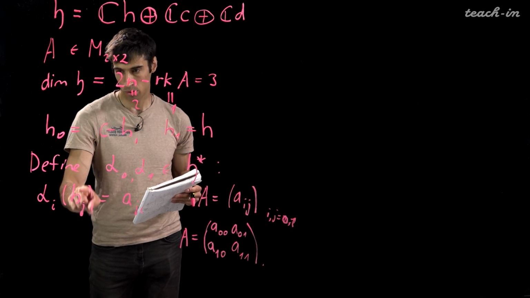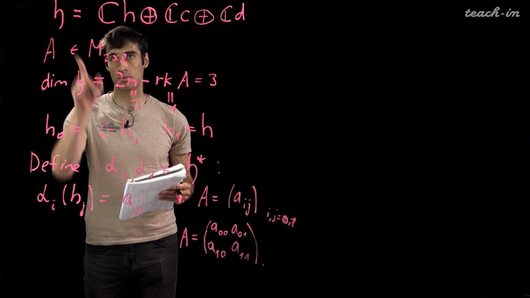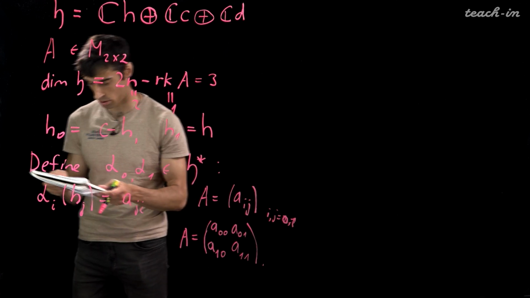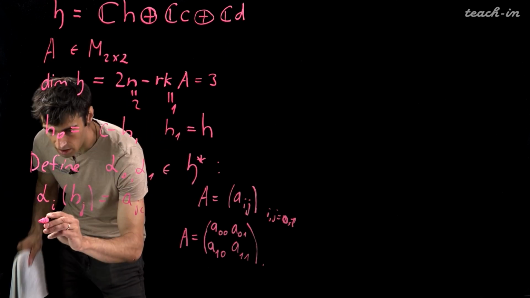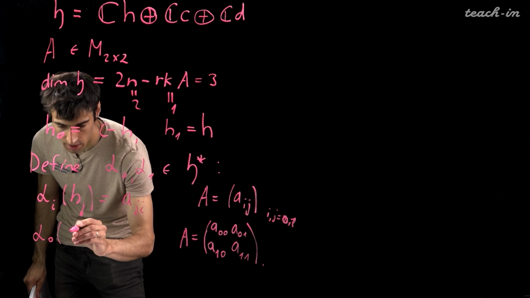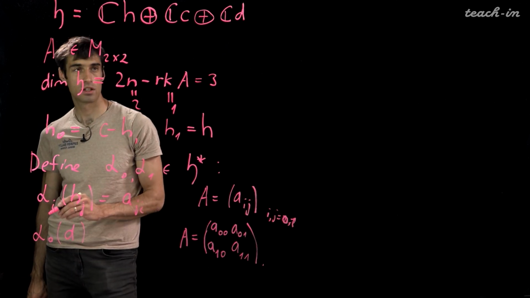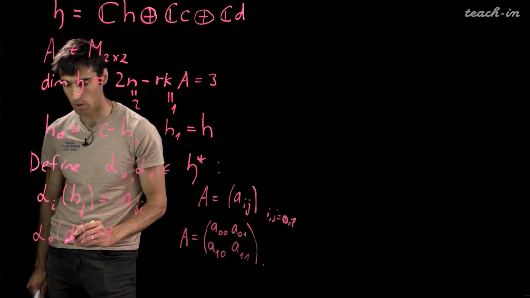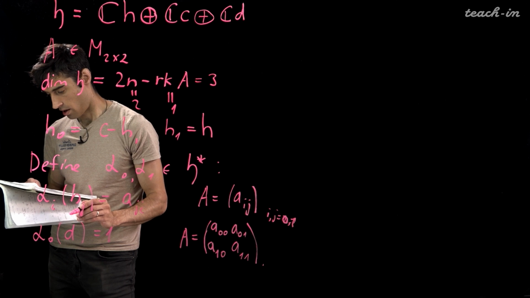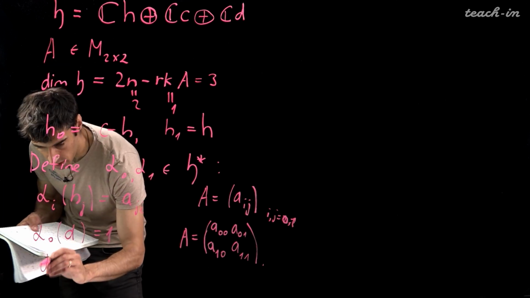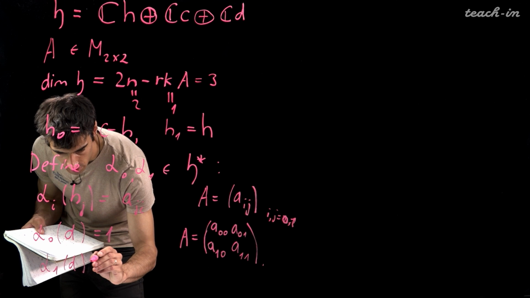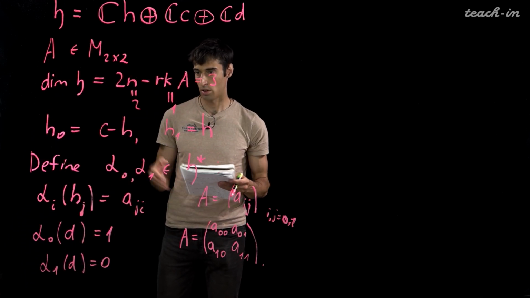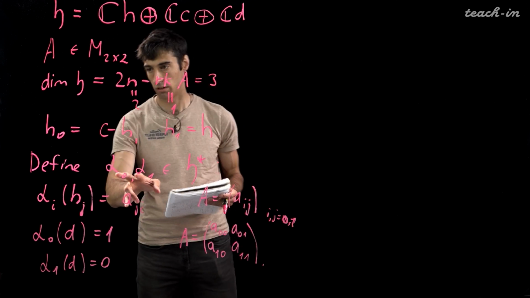We have values on two linearly independent elements of H, but we need values on all elements of H. So I also need to give you how it is evaluated on one additional element, say D. So alpha 0 of D, let me put it to be 1, and alpha 1 of D is 0. Okay. So this fixes me alpha 0 and alpha 1.